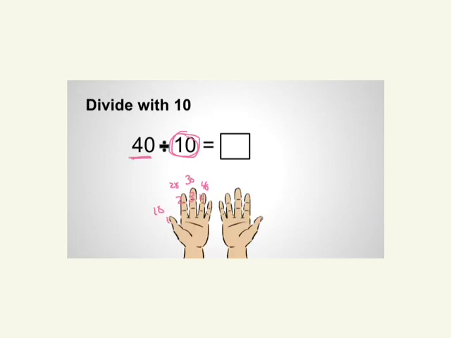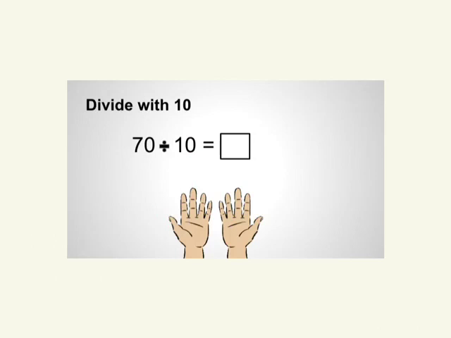Me too. 40 divided by 10 equals 4. 20 divided by 10. You can do this one by yourself. Good luck. Twenty divided by 10 equals 2.